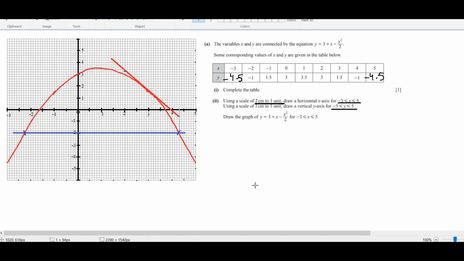So the coordinates of this point have to be 4.3 on the x-axis, because there are 10 boxes between 4 and 5, so 1 box is 0.1 unit. So it's 4.3 on the x-axis, and on the y-axis it has to be negative 2.